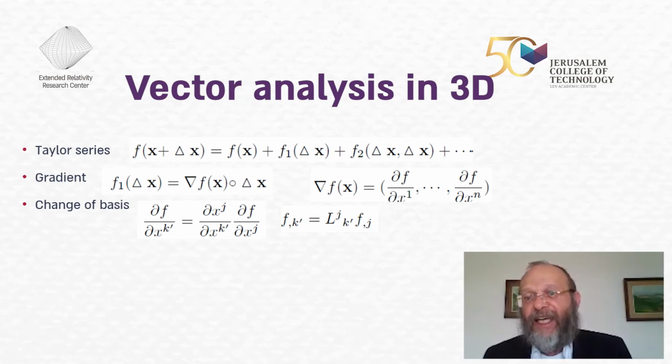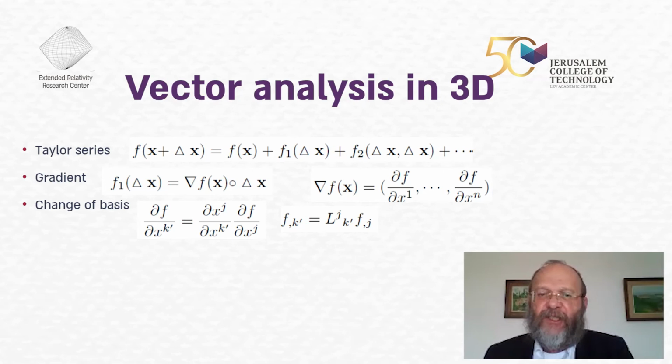It is a transformation of covectors. So the gradient of a function is not a vector, it's a covector. And therefore, applying it to delta x, which is a vector, gives you the linear part of the change of the function.